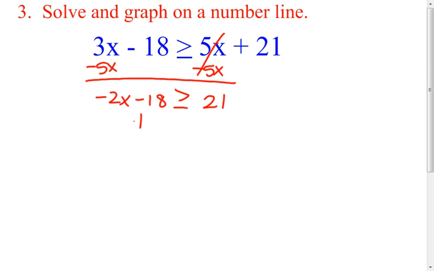I will add 18. And by the way, up above I subtracted 5x. I did not multiply or divide by a negative. I only subtracted, so I do not need to switch the direction of the inequality. Here I am adding, so again, I do not need to switch the direction of the inequality. And so when I do this, 21 plus 18 is 39.